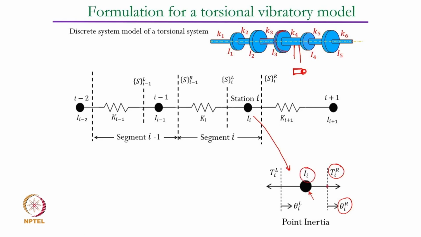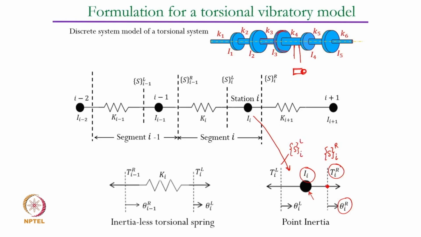Now on the right hand side of this station, we said that there is a state vector S on the right of the ith station, and this state vector is on the left of the ith station. So these are basically the two state vectors that we have defined. The state vector on the left of the ith station is in terms of its twist and torque values.